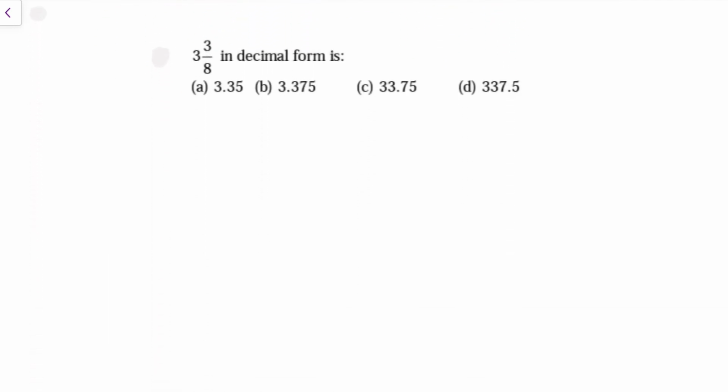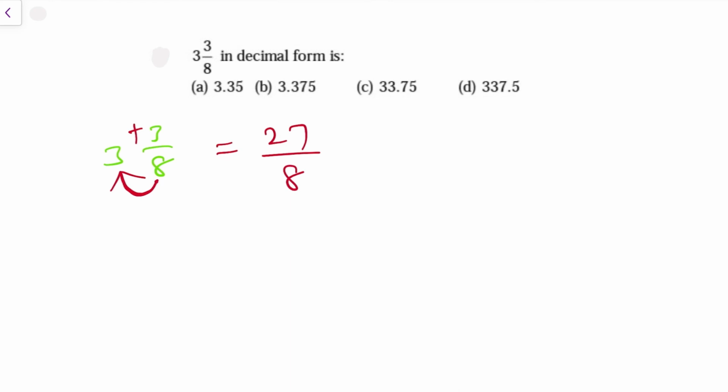Next, 3 by 8. This is a mixed fraction, and we need to convert it to an improper fraction. First multiply these two numbers, 8 3s are 24, and add this number, so 24 plus 3 is 27 divided by 8.